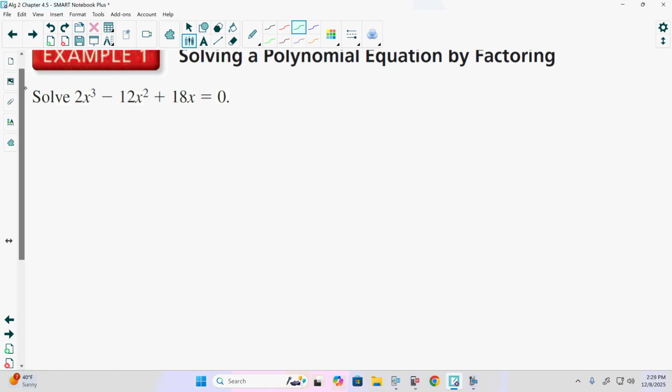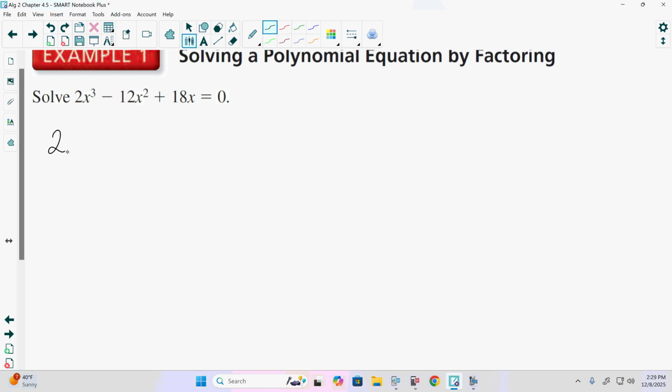So the next thing we're going to do is look for a greatest common factor between these 3 terms. We need to see if there's a number or expression that can go into all 3. And 2 does go into 2, 12, and 18, yes?